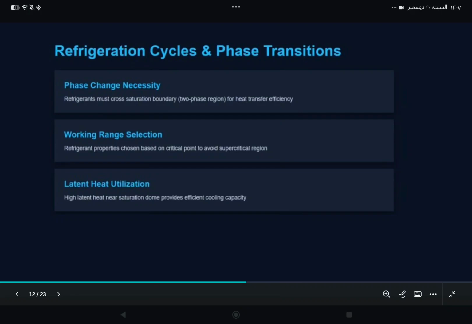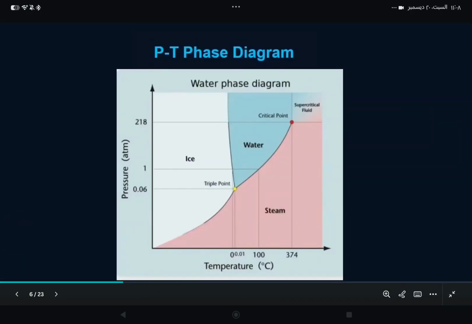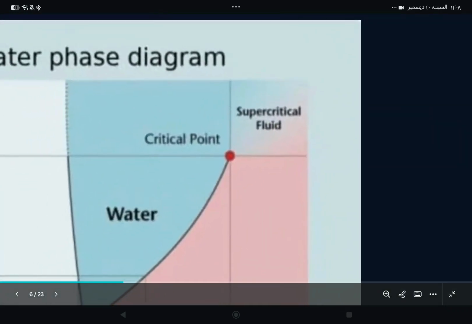Refrigeration cycles and phase transition. Refrigerants must cross the saturation boundary, the two-phase region, for heat transfer efficiency. And refrigerant properties are chosen based on the critical point to avoid the supercritical region. So if we go back a little bit, see, this is the supercritical region.